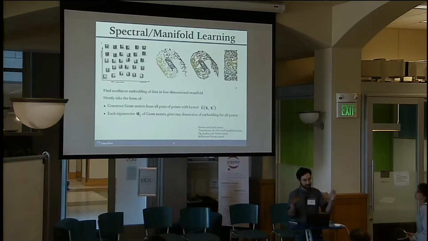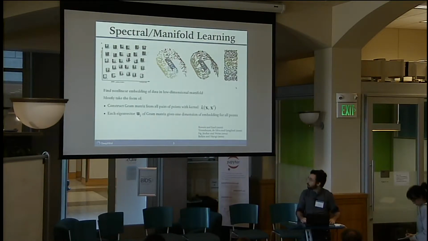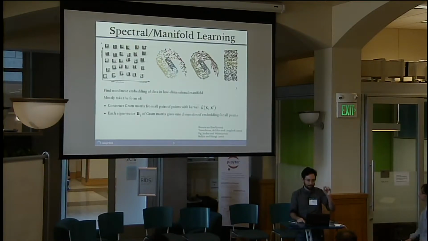But basically the high-level idea behind all of these methods, and this includes things like Isomap, LLE, spectral clustering, Laplacian eigenmaps, all of them with some slight tweaks between them, is that you take all of your pairs of data and construct a giant Gram matrix that gives you some measure of distance between all the pairs of data using some choice of kernel K. You take an eigendecomposition of this matrix, and then each eigenvector of this matrix gives you one dimension of an embedding.